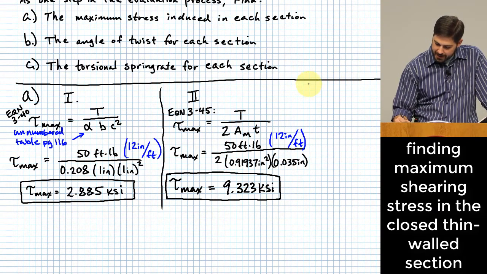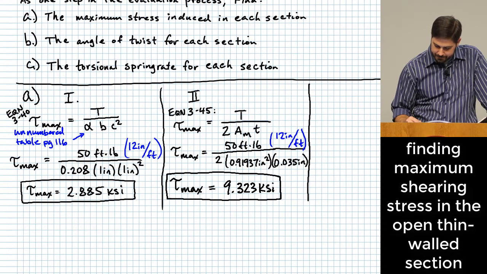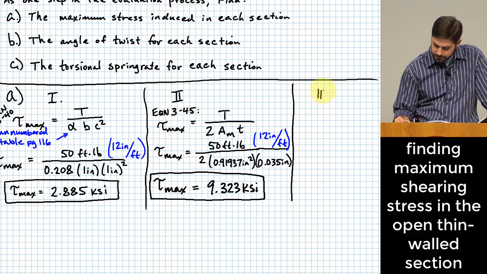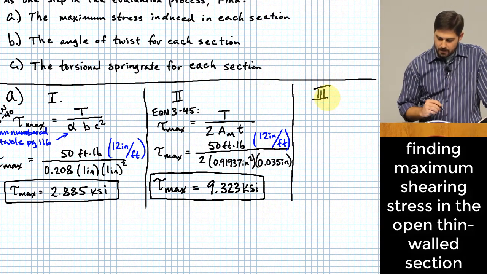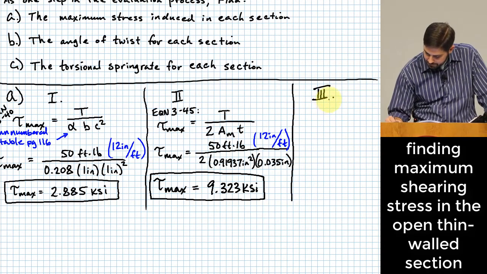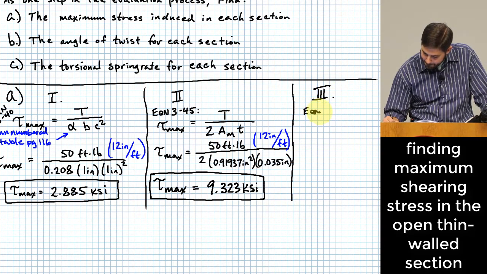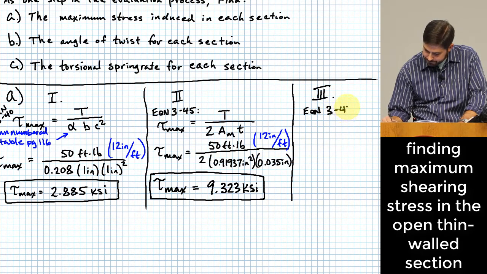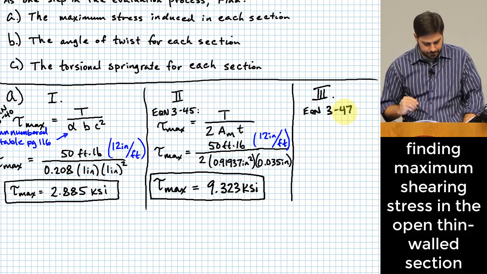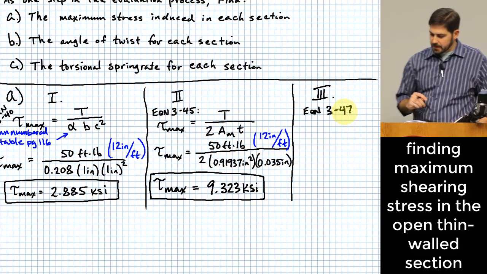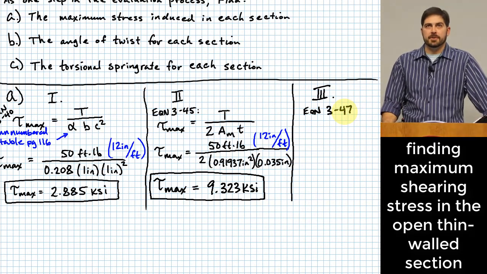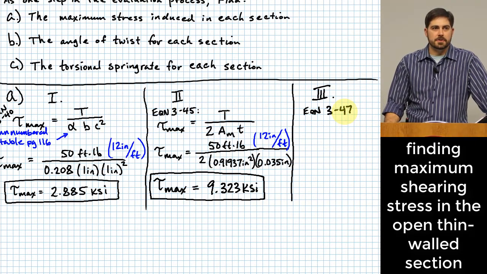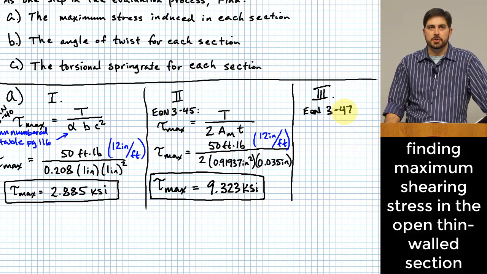And then for our last entry here, we're going to use equation 347. Okay. 347 is kind of an interesting equation because it's got two parts to it. Or there's actually two equations listed there.